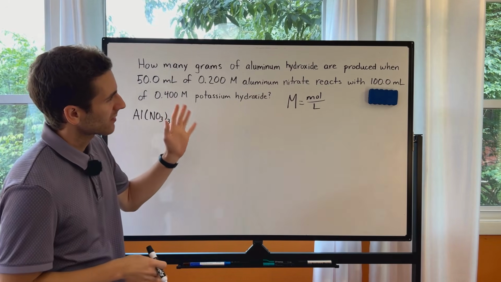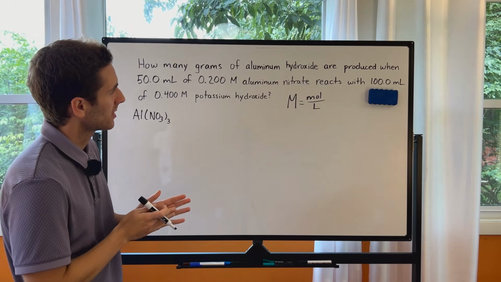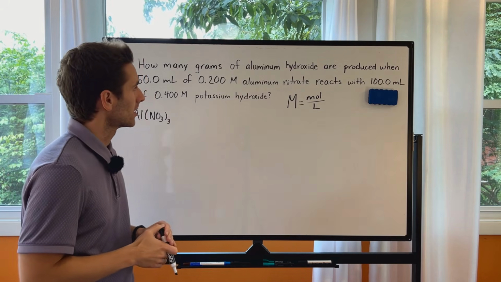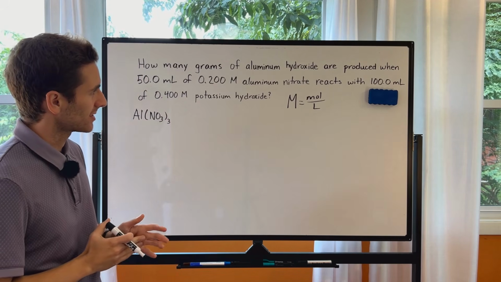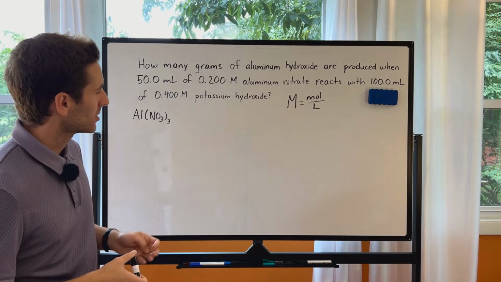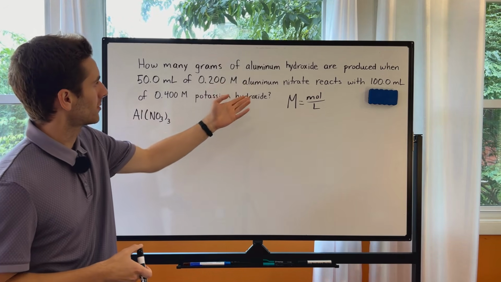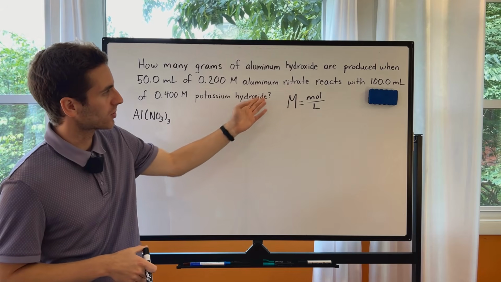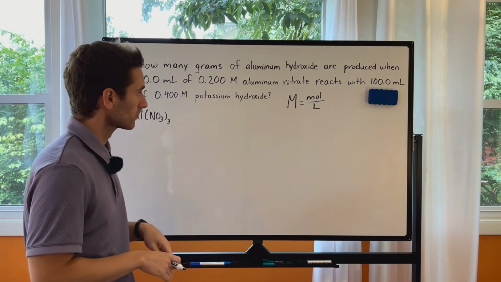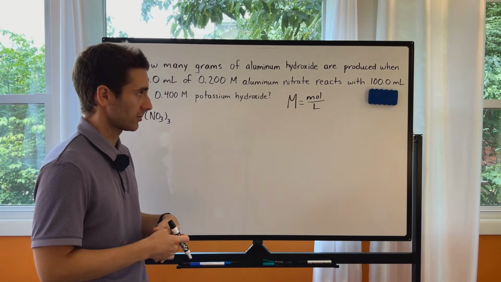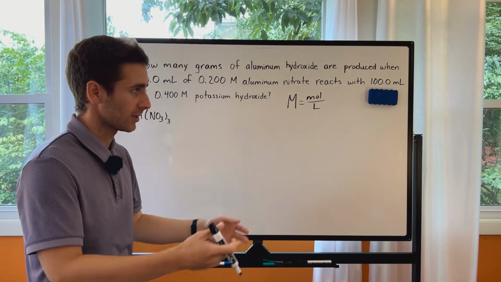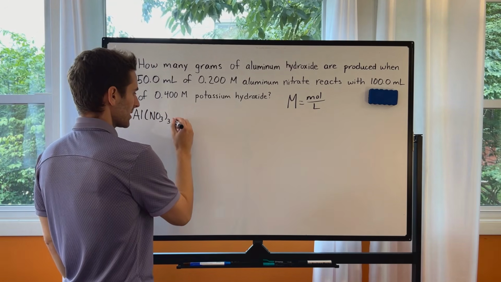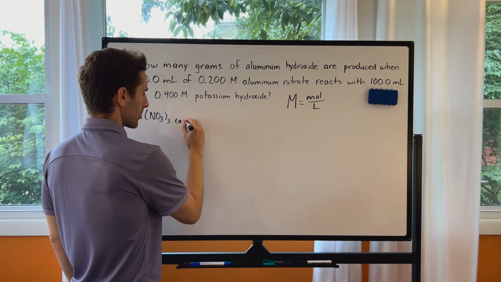So typically when we have molarity, it's going to be for an aqueous solution, unless it's a gas. This example, it's not maybe explicitly stated, but these are aqueous solutions of aluminum nitrate and potassium hydroxide. These are also both soluble in water, which means that their state will be aqueous as long as there is water present, which again, it's not explicitly stated, but it's kind of implied in a problem like this.